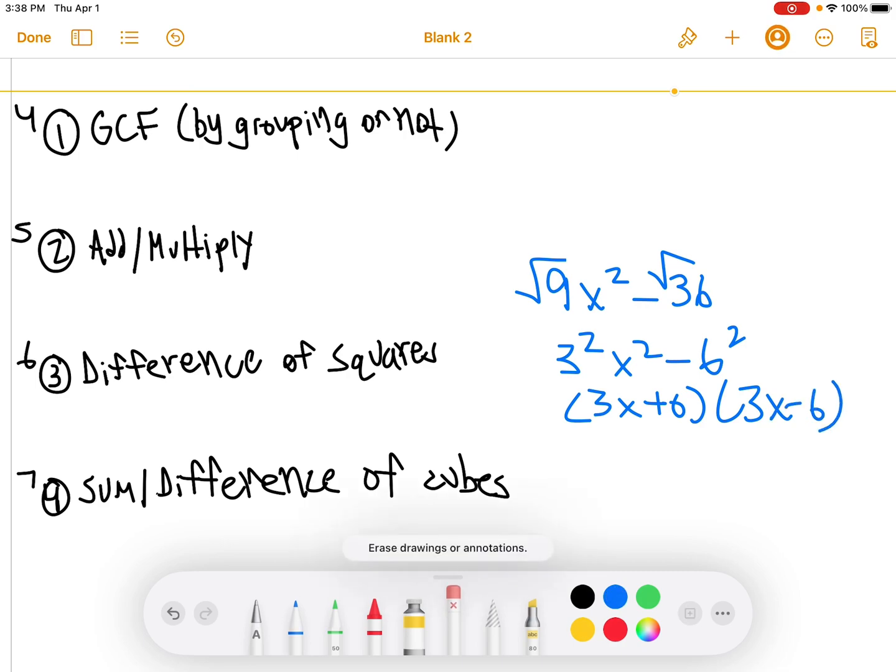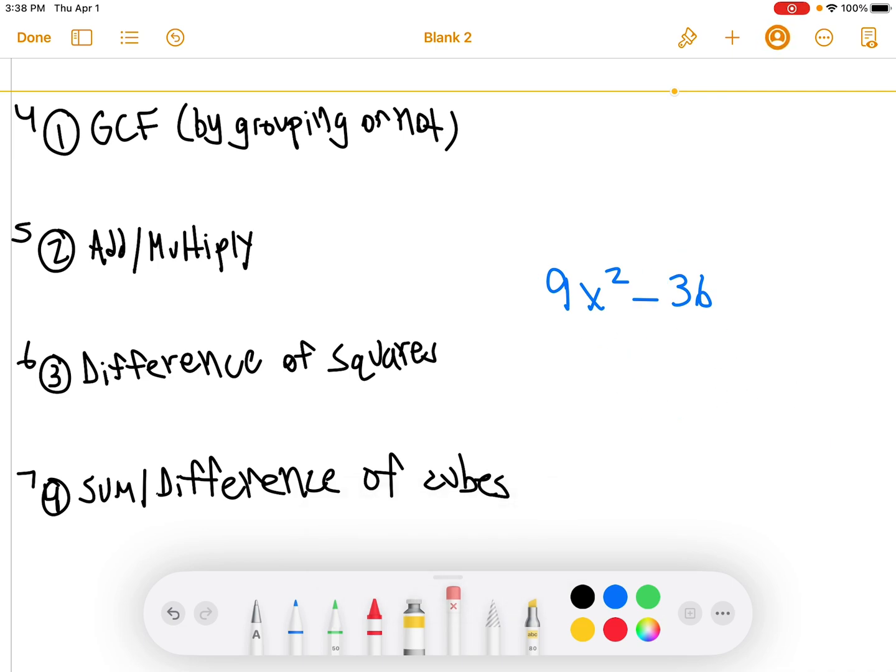Basically. But this can only work if the 2 terms, you can take the square root of them. Also, only if this is a minus sign. Because if it was a plus, if you multiplied 2 things that were with a plus, there would be no way to get the minus.